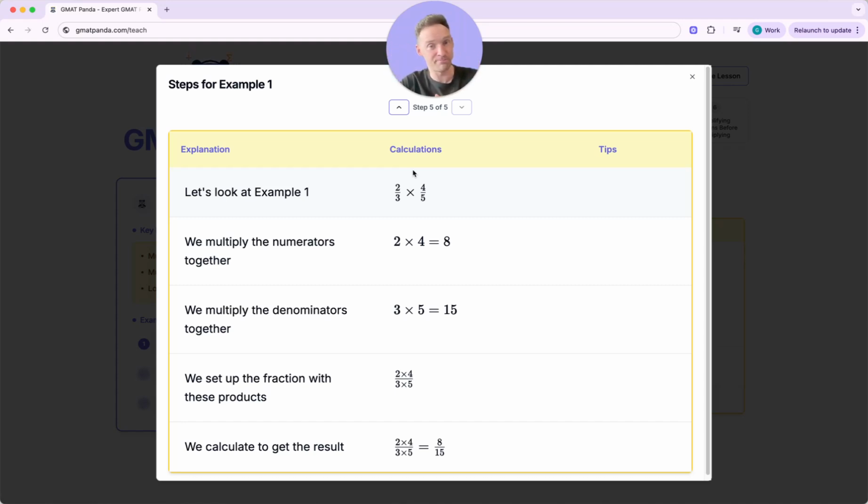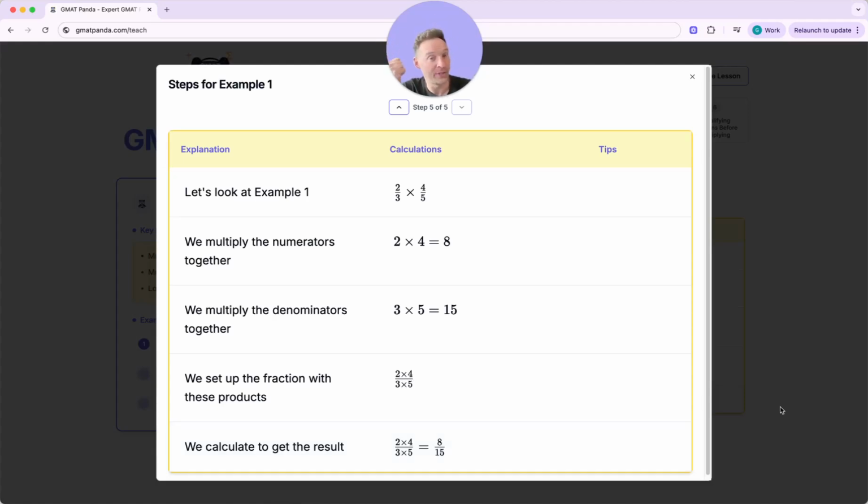If we look at our result, 8 over 15, is 8 roughly half of 15? Yes, it is. Half of 15 would be 7.5, and we're getting a little bit more than that, 8. But it feels generally right.